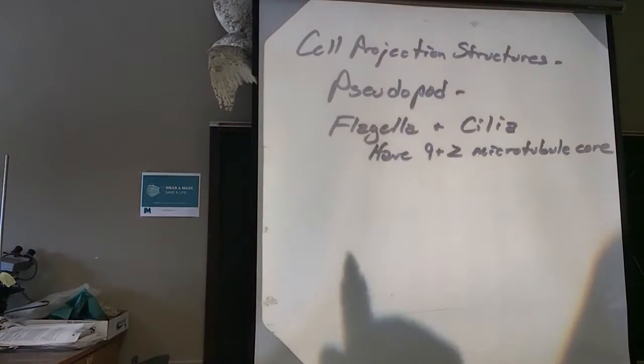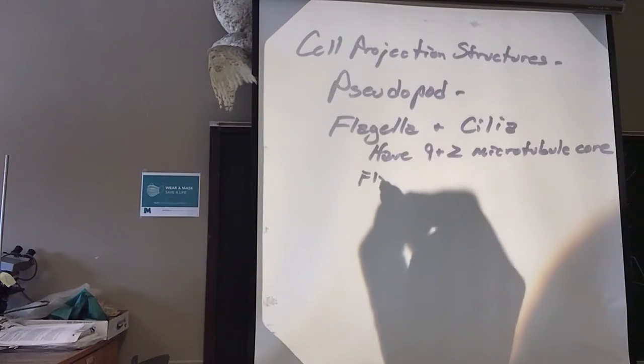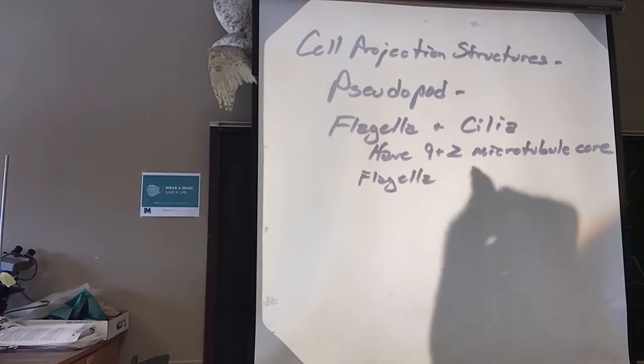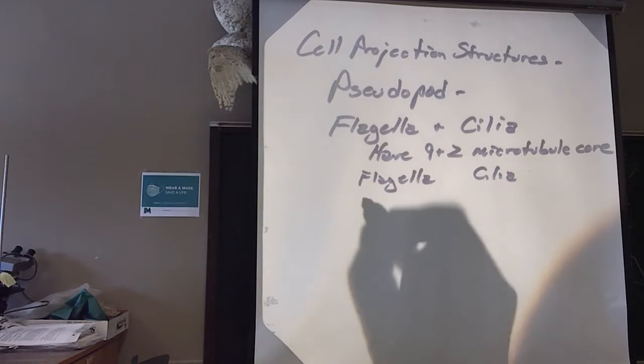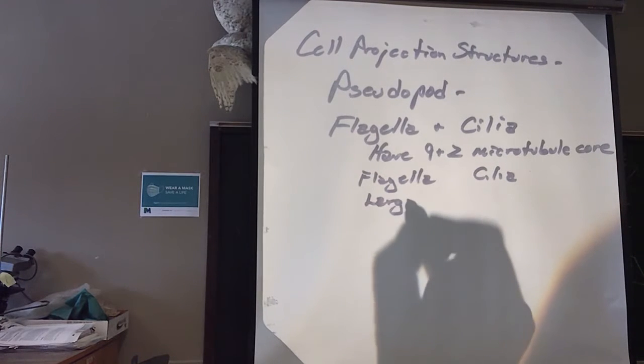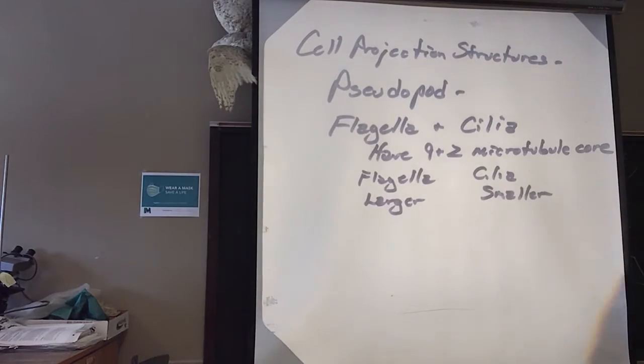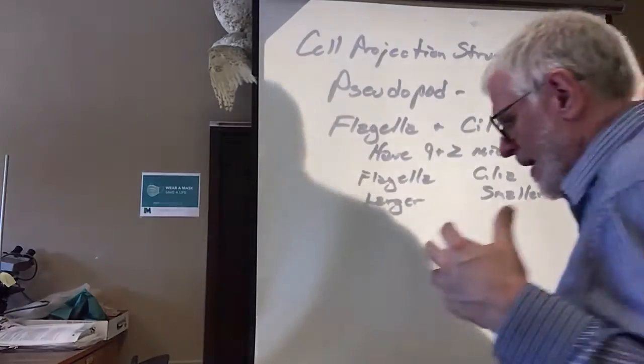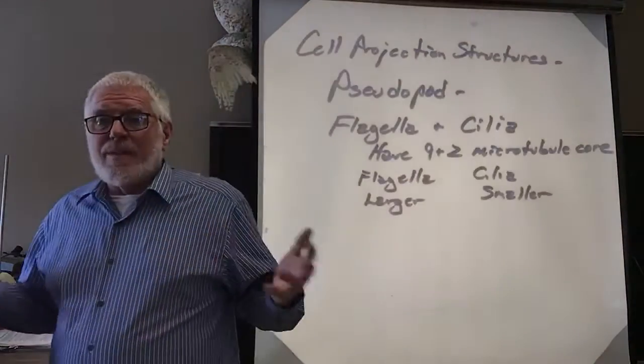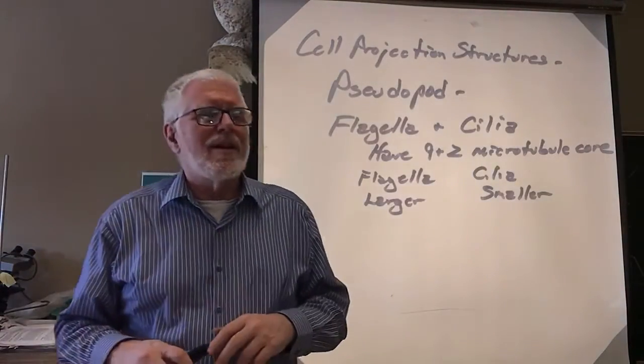So here's a nice list. Flagella tend to be bigger, cilia tend to be smaller.